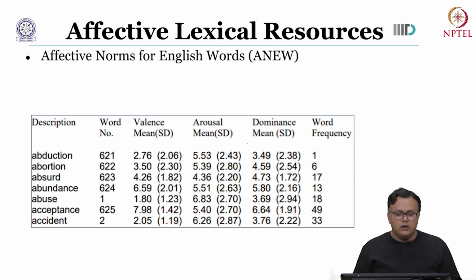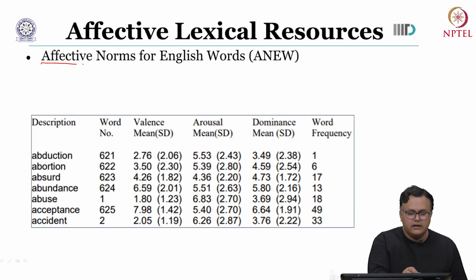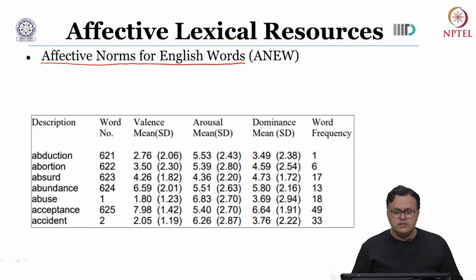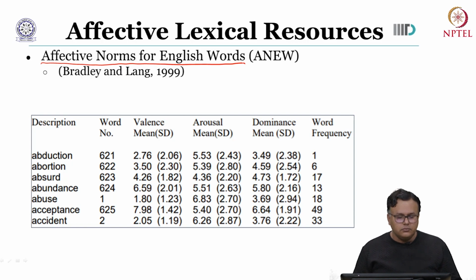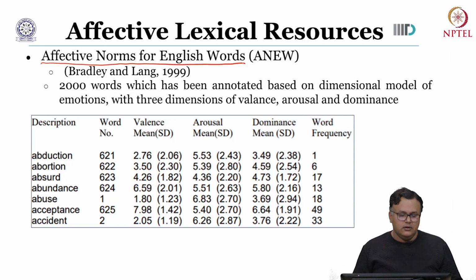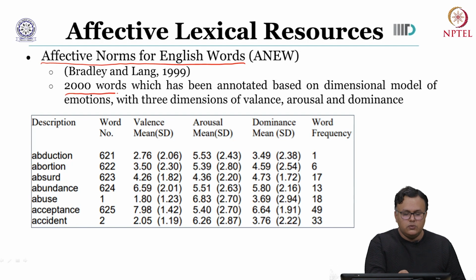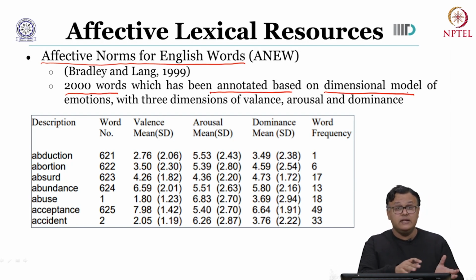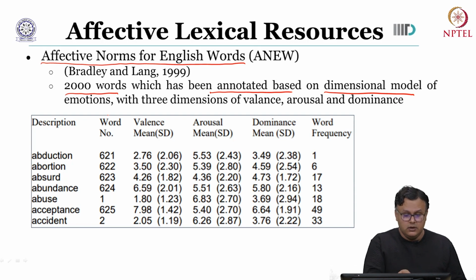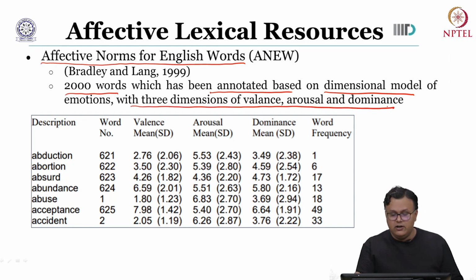Now, let's look at another resource. Friends, this is also a very commonly used resource. This is called the Affective Norms for English Words, ANEW. In this case, ANEW contains 2000 words which are annotated based on the dimensional model, with the dimensions of valence, arousal and dominance.